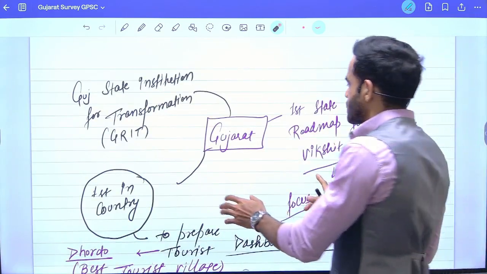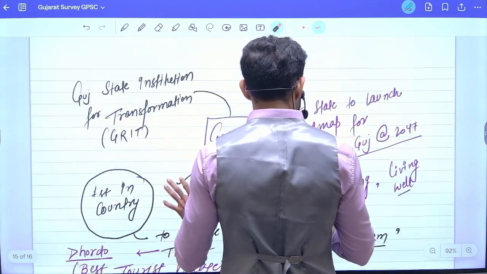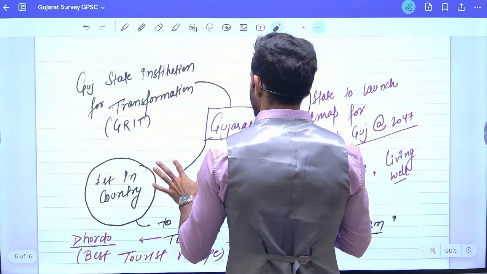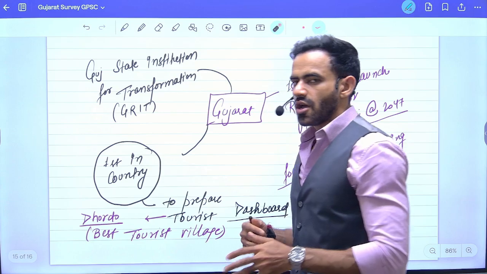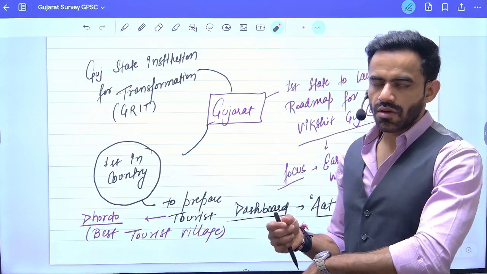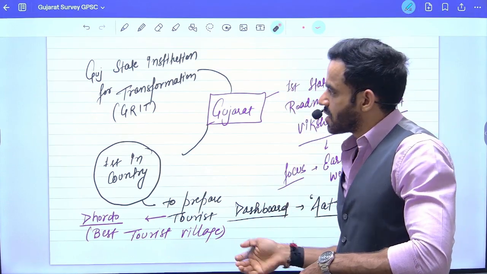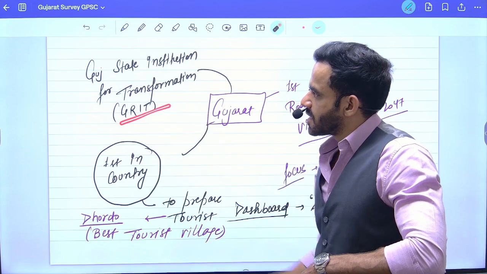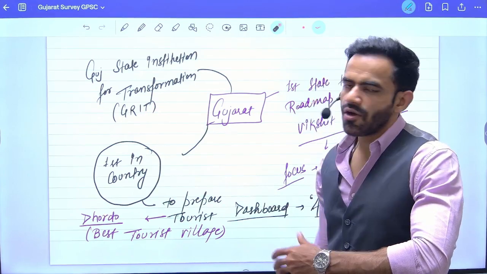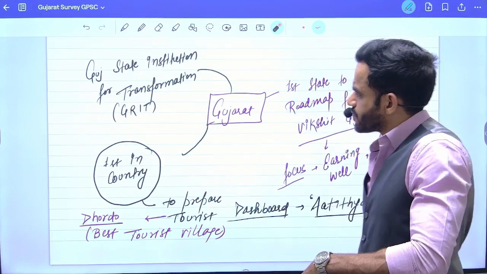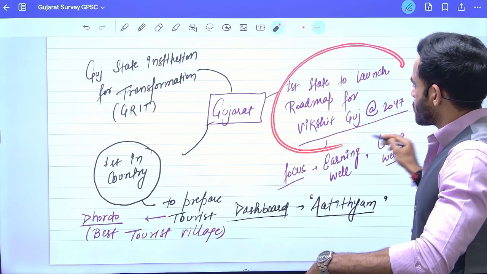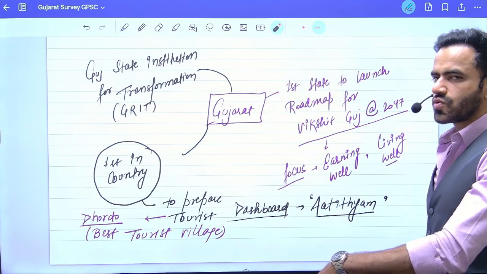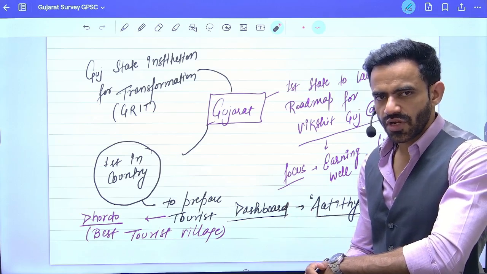Okay, next is related to the focus of Gujarat. We have already covered that for planning purposes, on similar lines to Niti Aayog, the Gujarat government had set up GRIT, that is Gujarat State Institution for Transformation. This is under the Chief Minister. Gujarat is the first state to launch its roadmap for Viksit Gujarat by 2047.